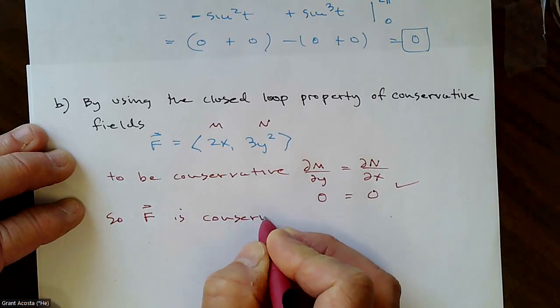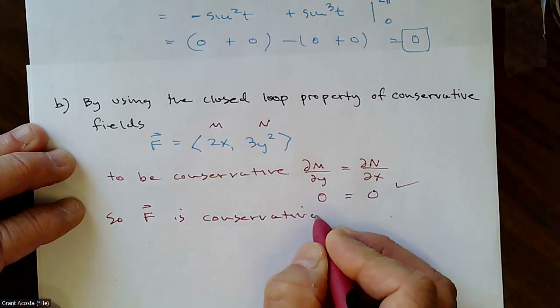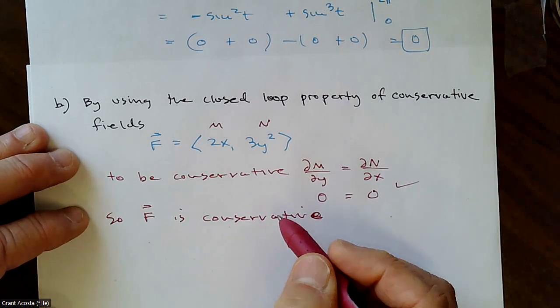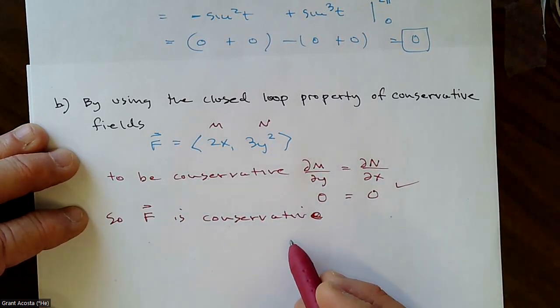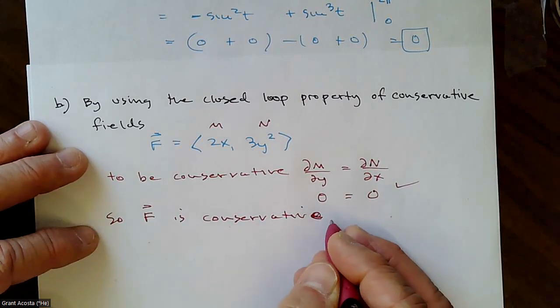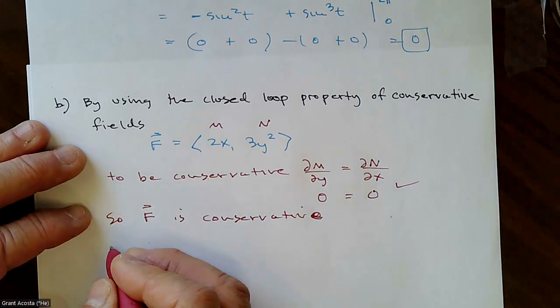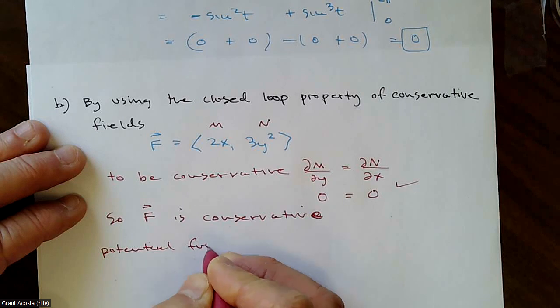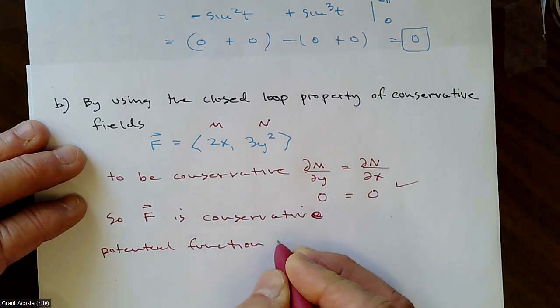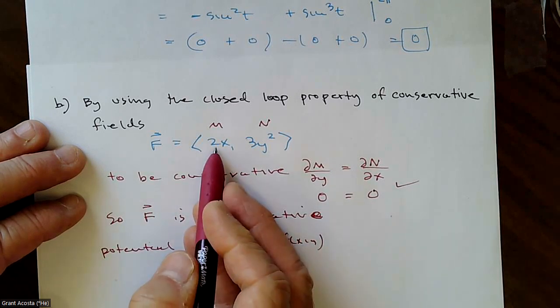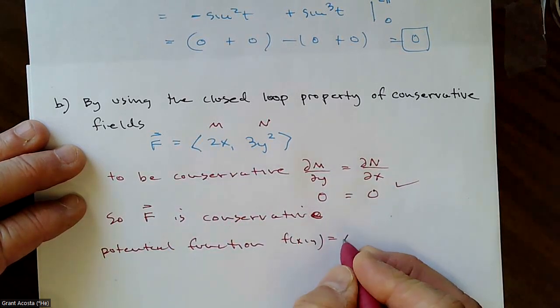And in fact, you could probably just refer to the closed loop property, because you're going all the way around the circle, so the line integral of f dot dr should be 0. But we could even prove it, because what is my potential function? Well, if this is f sub x, and you integrate that with respect to x, you get x squared.